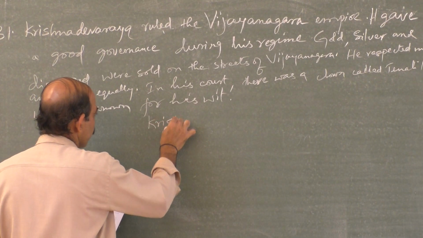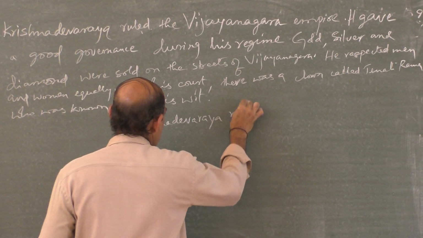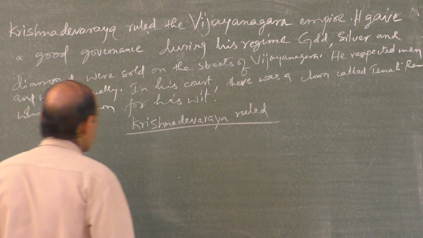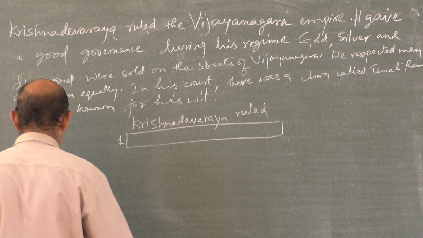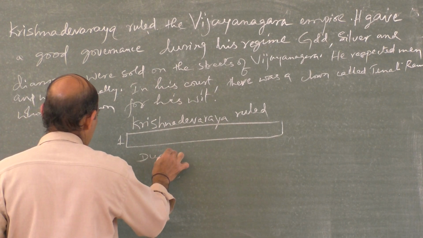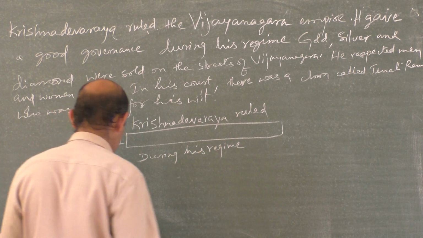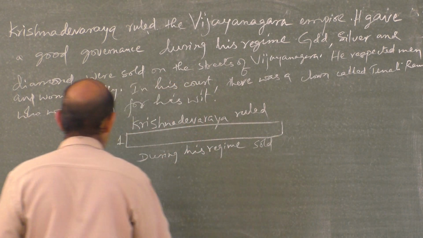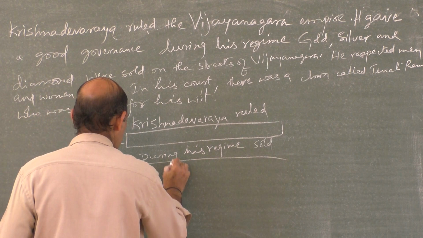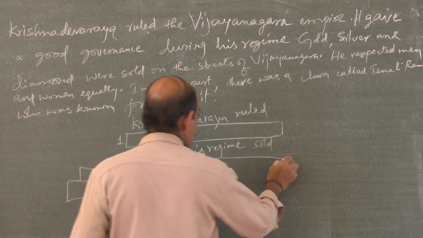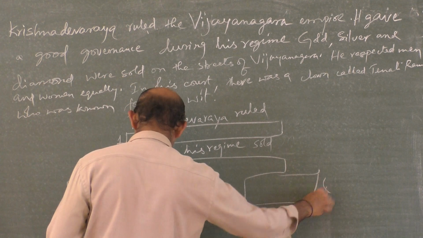Krishna Deva Raya ruled. That is the first one. And then during his regime, sold. Now 2, 3, 4.